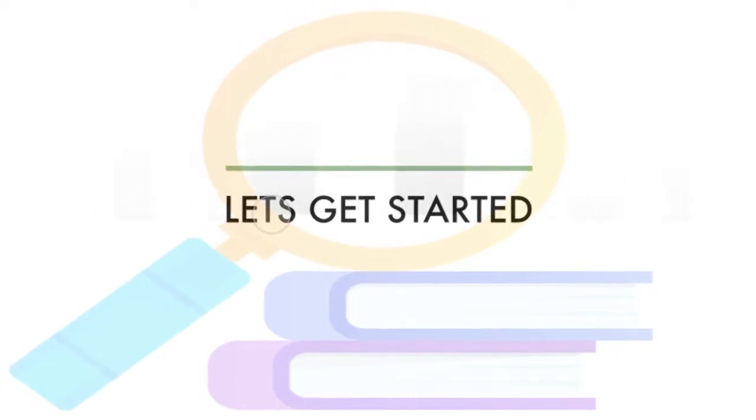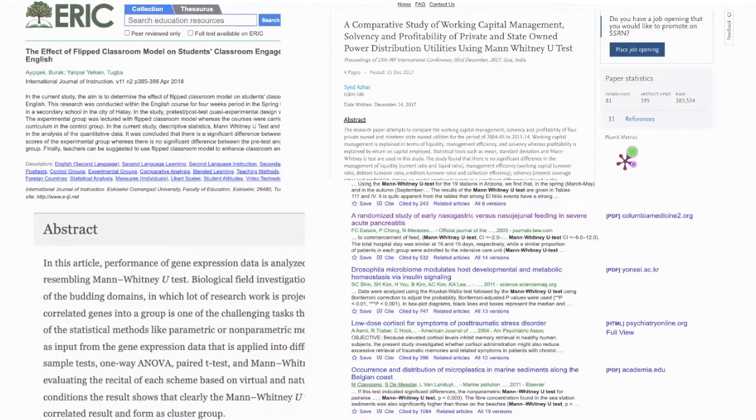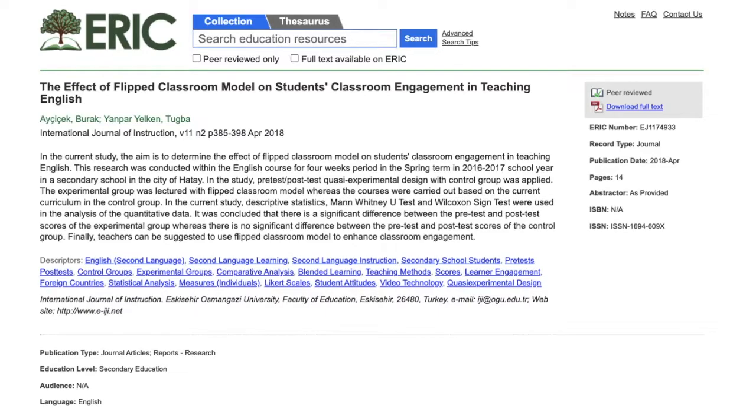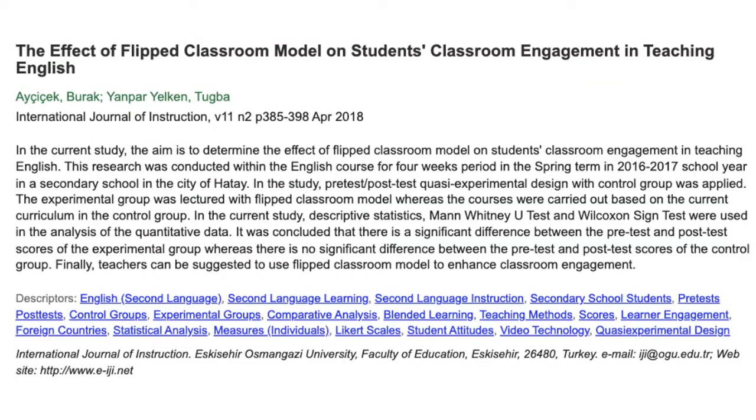Alright, let's get started. Here are some of the many published papers that applied the Mann Whitney U Test. The first one here is a research work titled The Effect of Flipped Classroom Model on Students' Classroom Engagement in Teaching English. You can pause the video if you want to read its abstract.